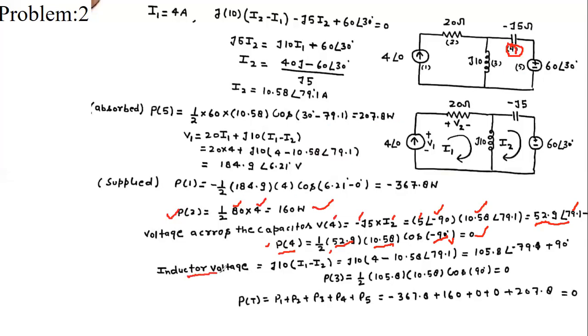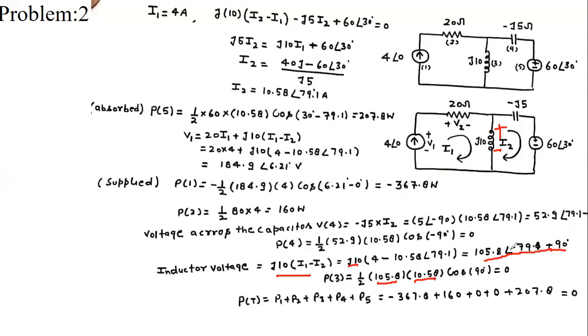If we talk about the inductor voltage, this is my inductor, and the inductor voltage is represented with this sign. So this is Z10 times I1 minus I2. I am clearing the drawing, just wait. Putting in the values, P3 is half, the voltage value becomes 105.8 and the current value becomes 10.58.